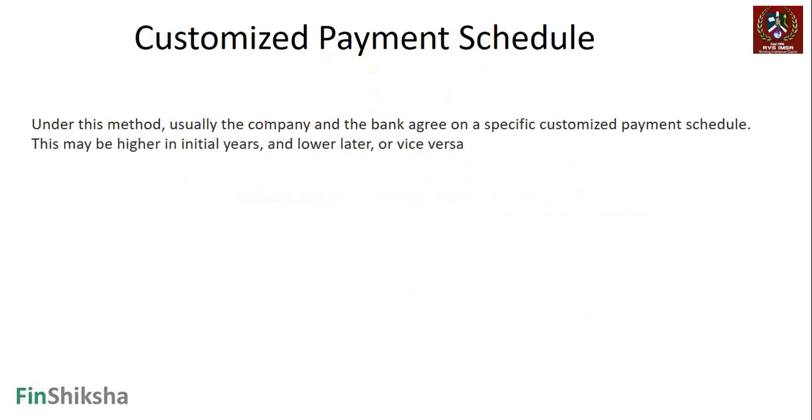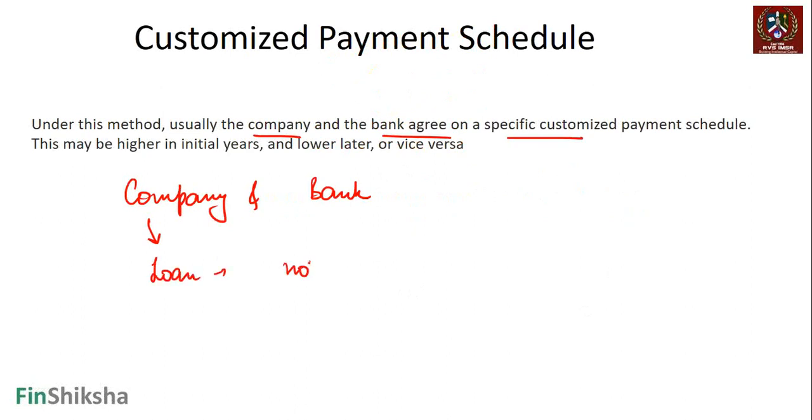Now, under this method, usually the company and the bank agree on a specific customized payment schedule. It could be higher in the first few years and lower subsequently, or vice versa, lower in the first few years and then higher subsequently. It completely depends on what the company and the bank want with the scenario. Sometimes companies want to take a loan for a project that is not profitable in the initial few years.